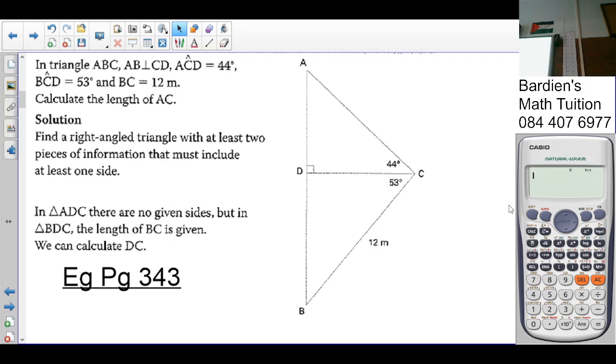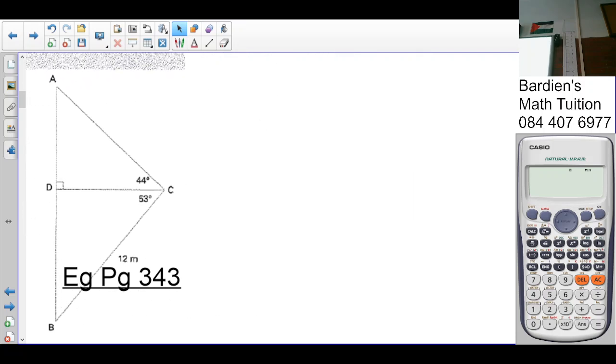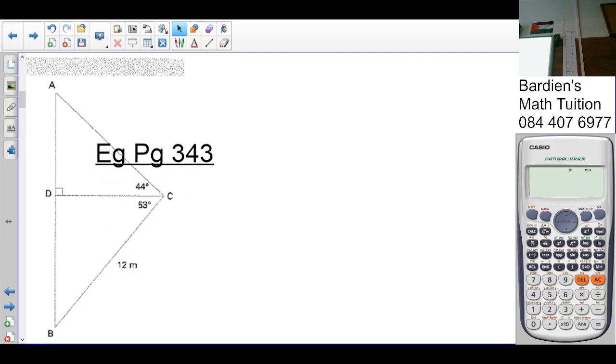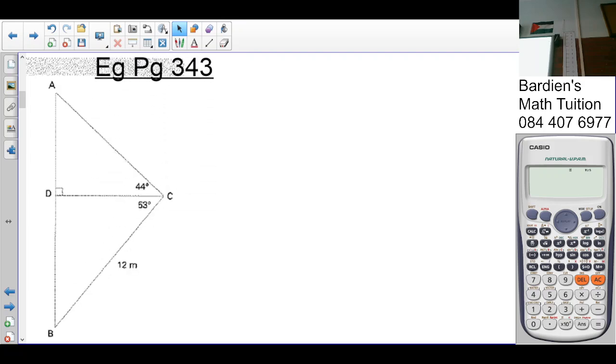All that information is on the diagram. The question says, calculate the length of AC. The question is determine AC.